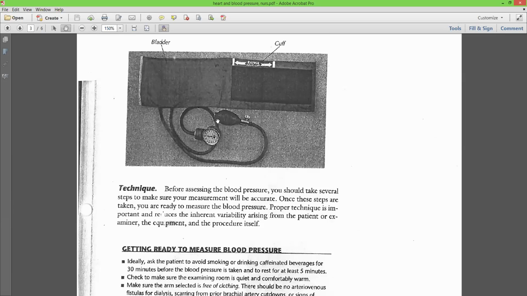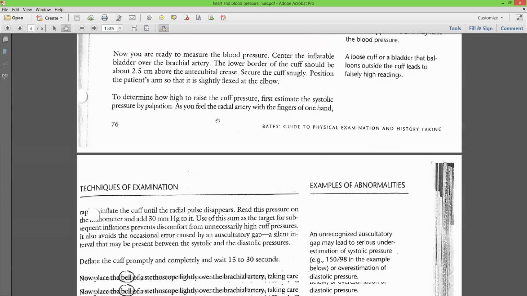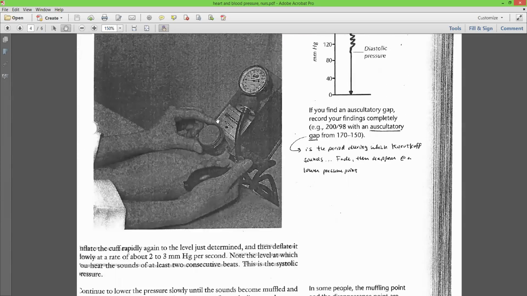Okay, so simply put, you just take the blood pressure. It's hard to see there, but that's a patient's arm, and the cuff is on them, and there's your blood pressure meter, and they're holding the bulb.